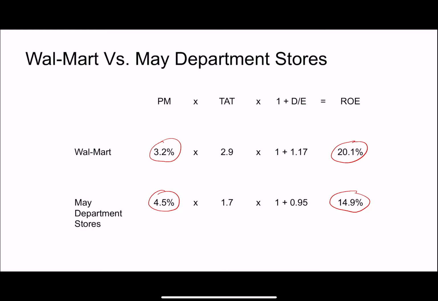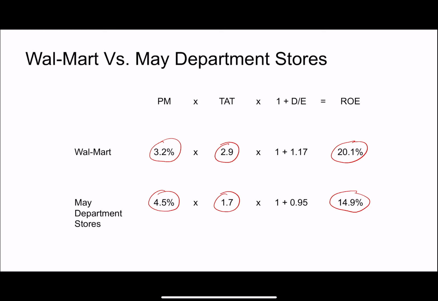But it turns out that Walmart more than compensates for it by much faster asset turnover. As you can see, Walmart's asset turnover is almost twice as large as that of May Department Stores. And that's not surprising. That's their business model. Their margins are lower; they try to give their customers the best possible price.